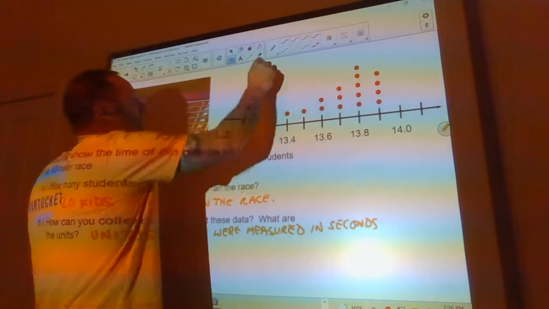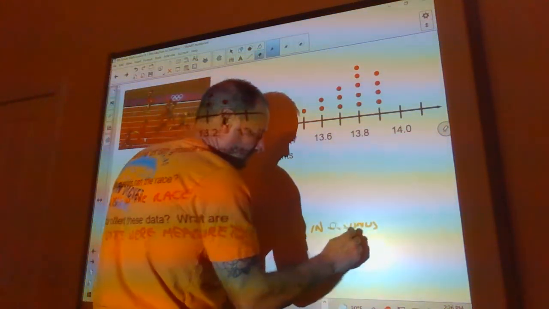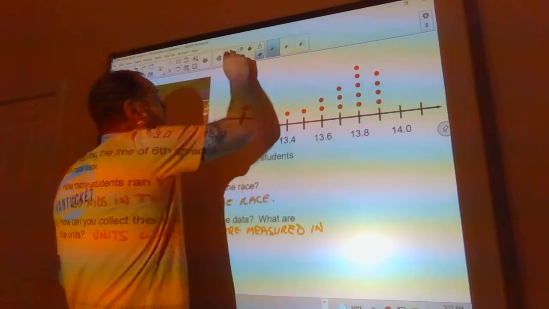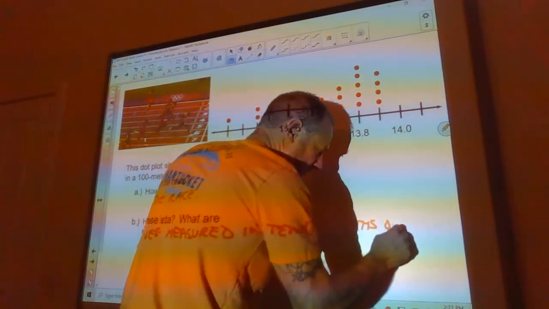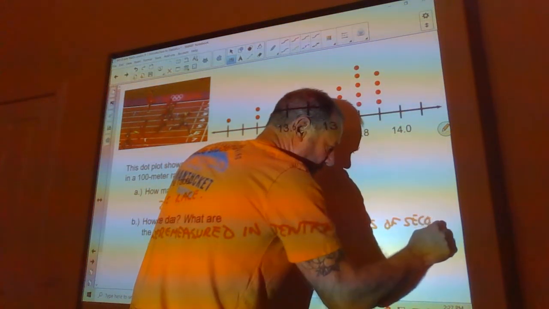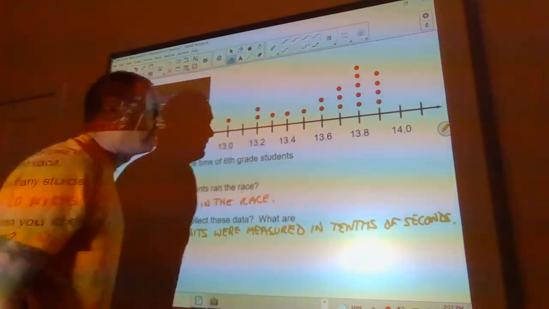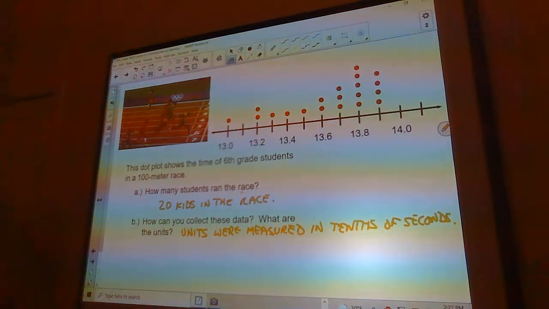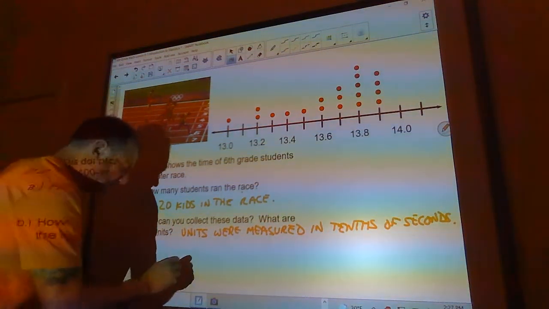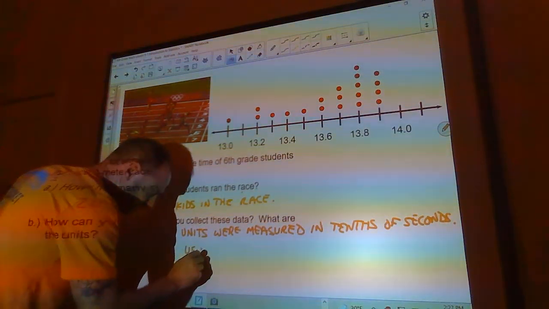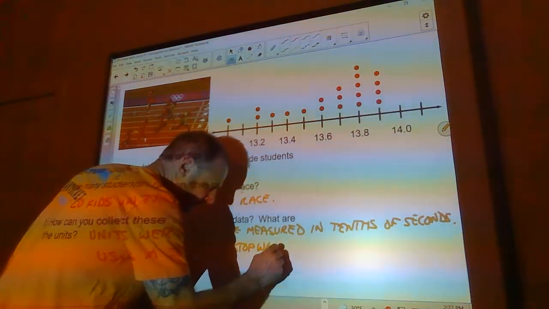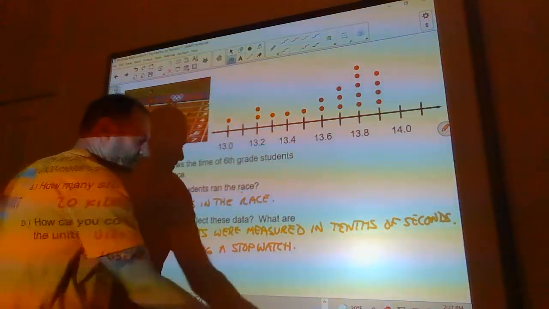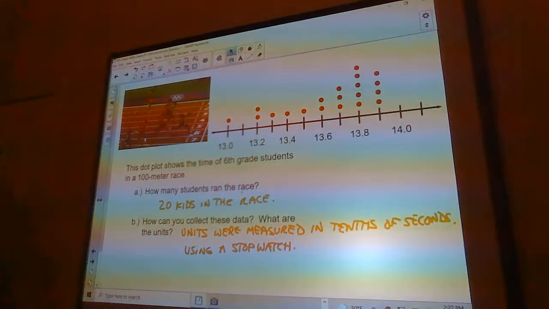Actually, tenths of seconds would be better, because I didn't round it to the nearest second. How can I collect these? I can use a stopwatch. Okay. So there you go.